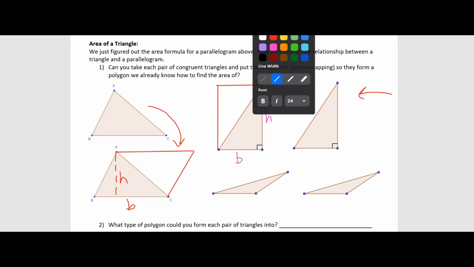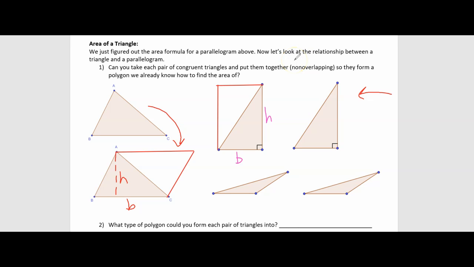Let's try it with one more of these. If I move this triangle over here, again, I've got to do some reflections and rotations, but I would get something that looks like this.